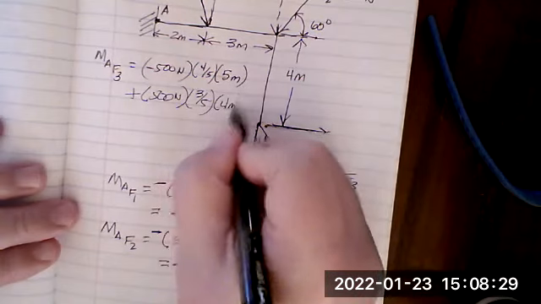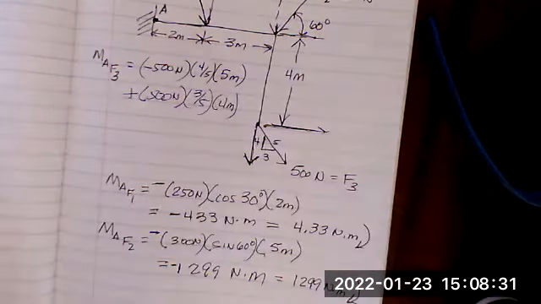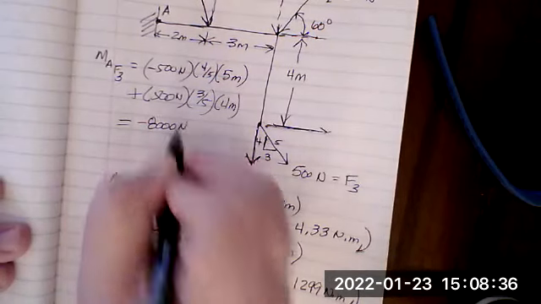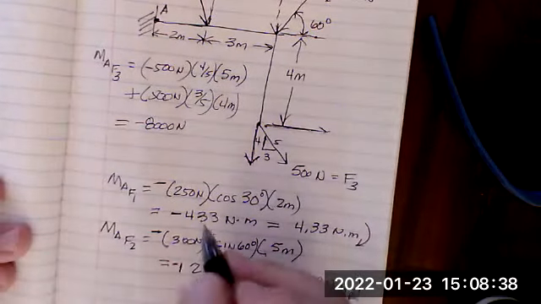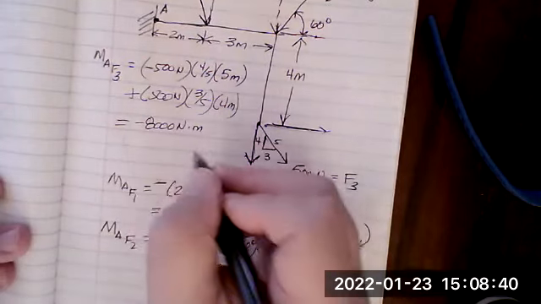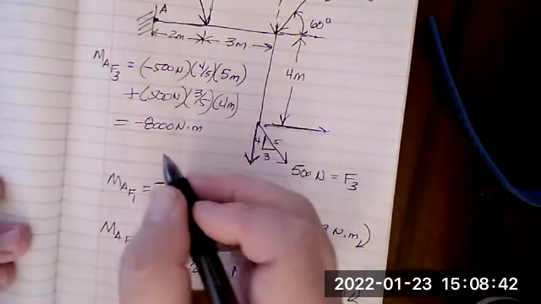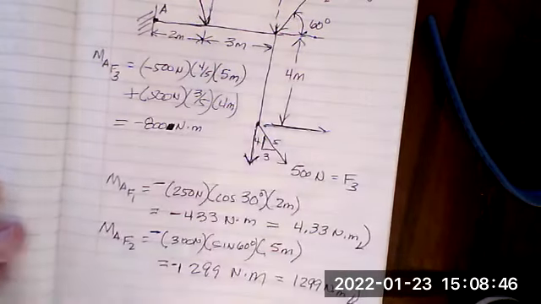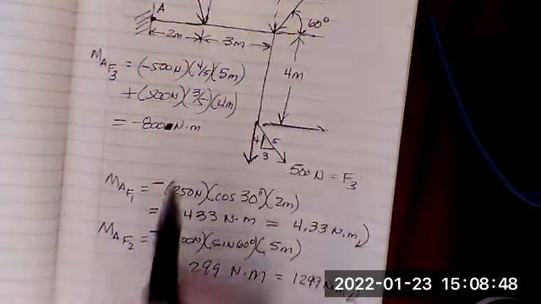So 4 meters is written this way, and it's going to equal negative 8,000 newton meters. Actually it's not 8,000, sorry, it's 800. Sorry about that.